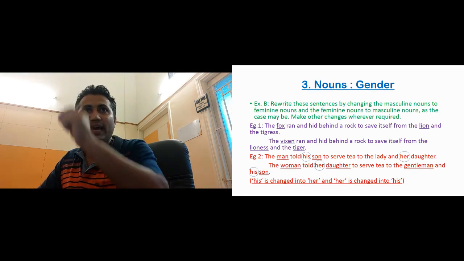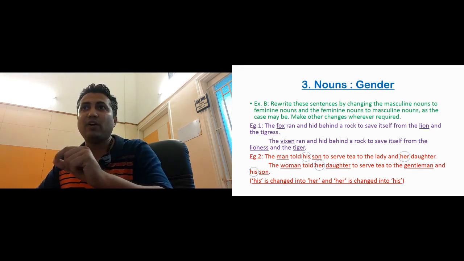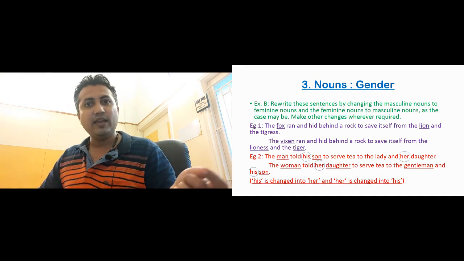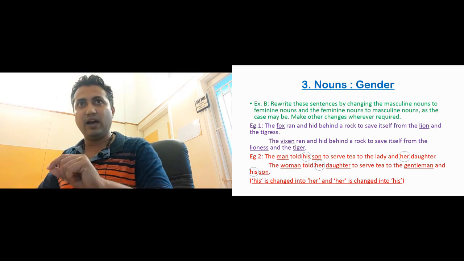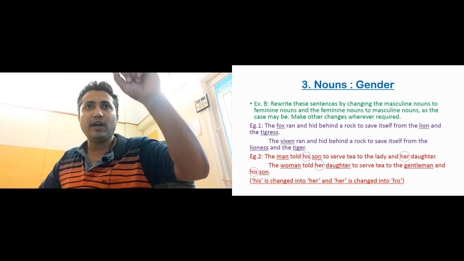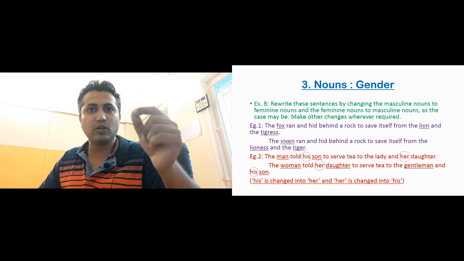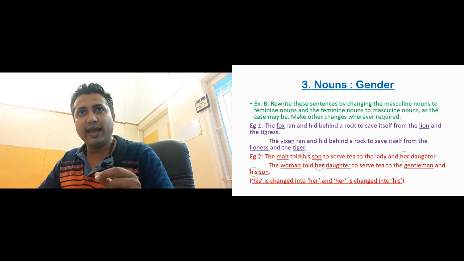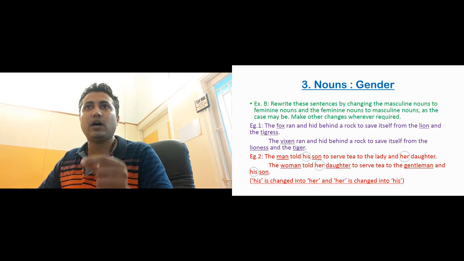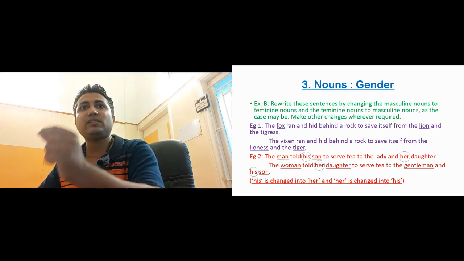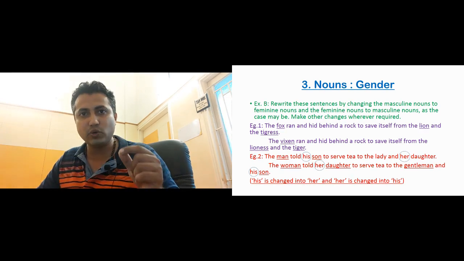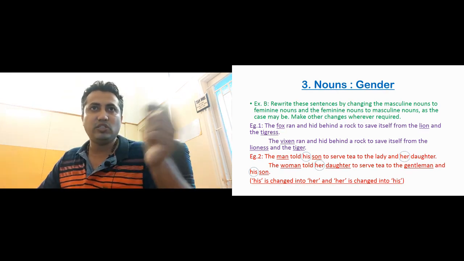Lion is masculine, the feminine of that is lioness, and tigress is feminine, the masculine of that is tiger. Let us look at the changed answer sentence: the vixen ran and hid behind a rock to save itself from the lioness and the tiger. Understand, students? This is how we have to change it.